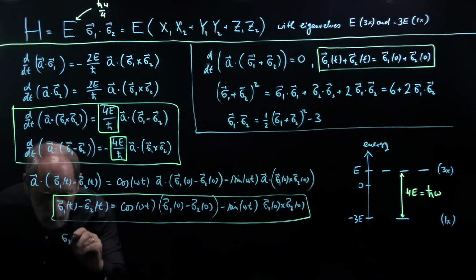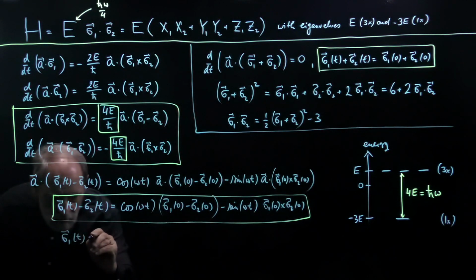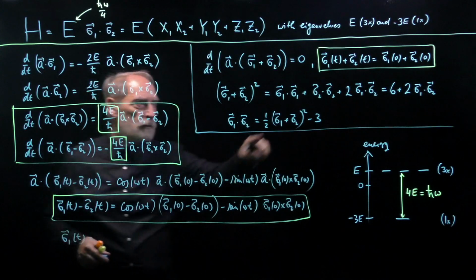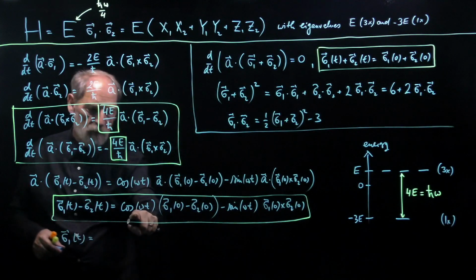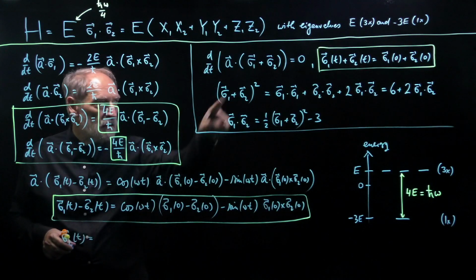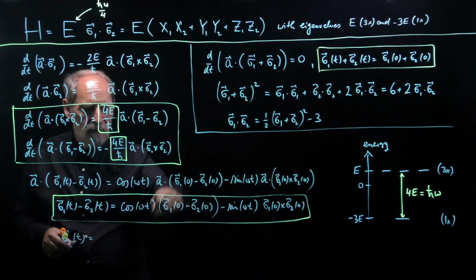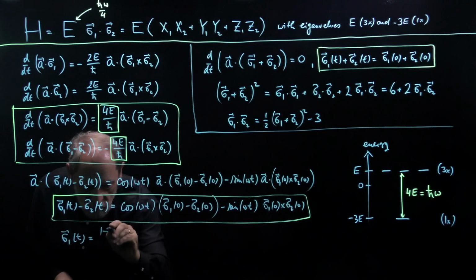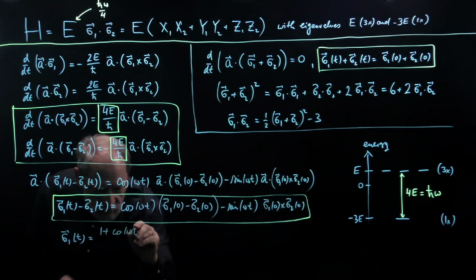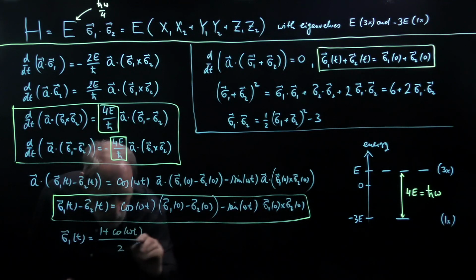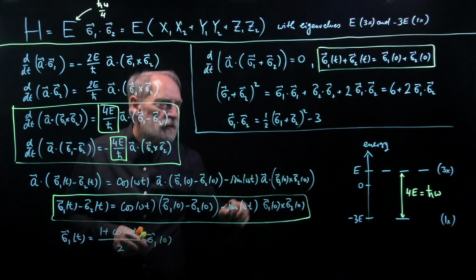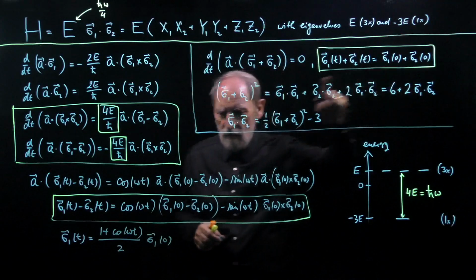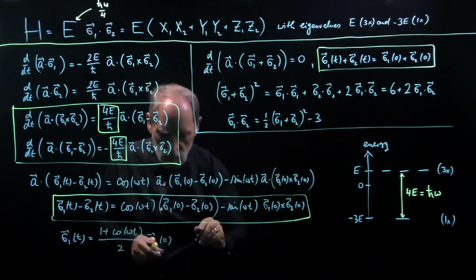So half the sum of the left-hand side is equal to half the sum of the right-hand side. So I have sigma 1 at time t equals, there's the sigma 1 at 0 plus the sigma 1 at 0, but multiplied with cosine omega t. So I get 1 plus cosine omega t, I divide that by 2, times sigma 1 at 0. Now for sigma 2, it's 1 minus cosine omega t.